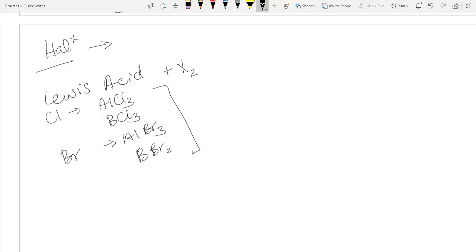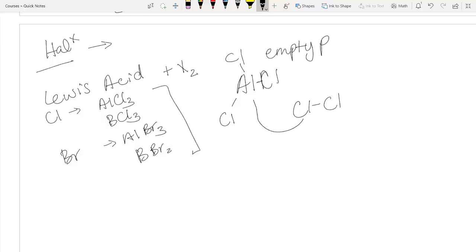The mechanism for this, I'm going to draw one as an example. You take your Lewis acid and you take your halogen, and remember that the aluminum chloride, being your Lewis acid, has an empty p orbital, and this empty p orbital can accept electrons from the lone pairs on the chlorine.